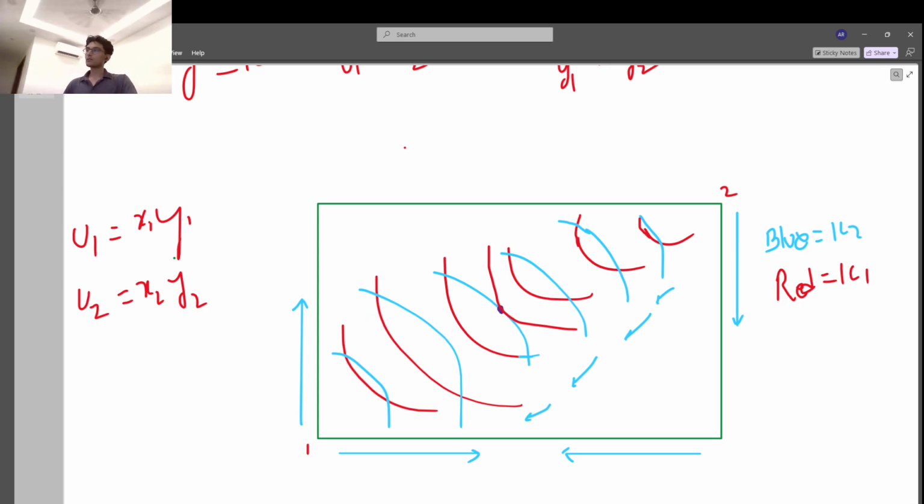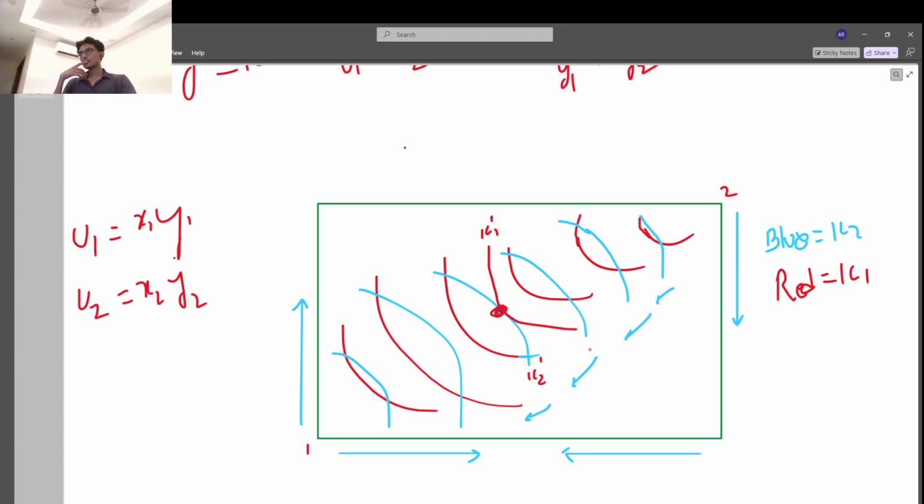Now at this point, individual one is at, let's say, IC one dash, and individual two is at IC two dash.